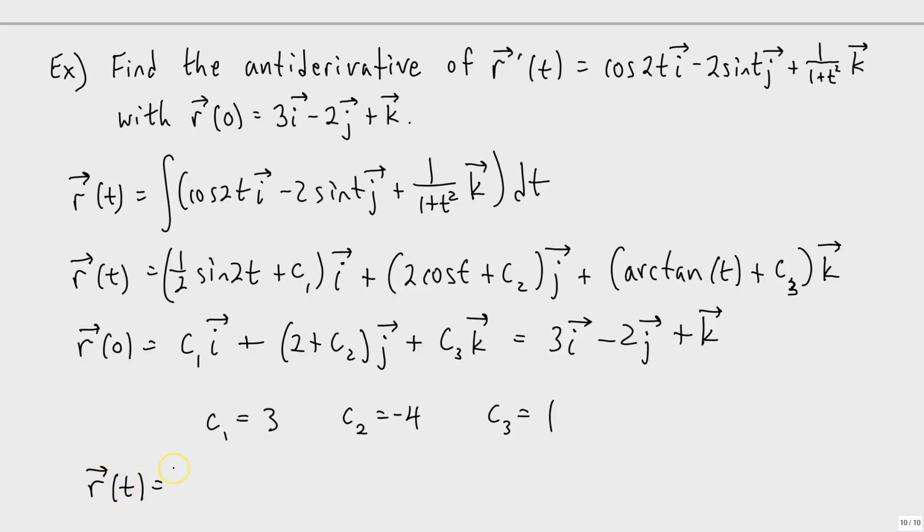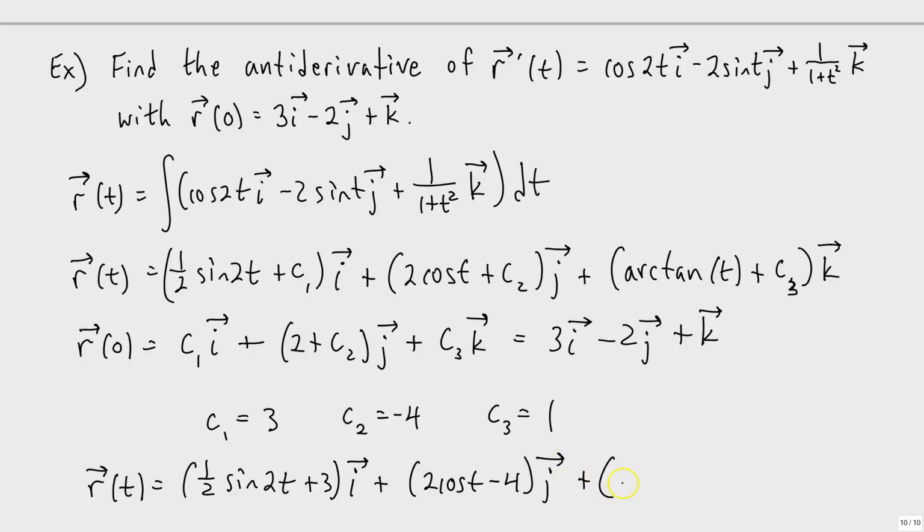So the original function must have been 1/2 sine 2t plus 3 vector i plus 2 cosine t minus 4 times vector j plus arctan t plus 1 times vector k.